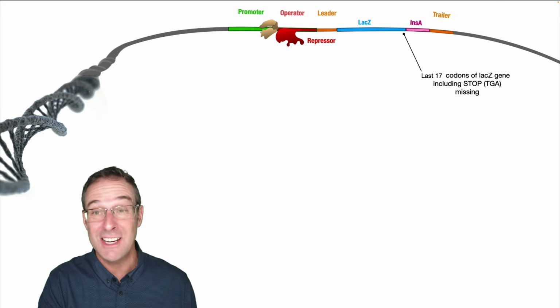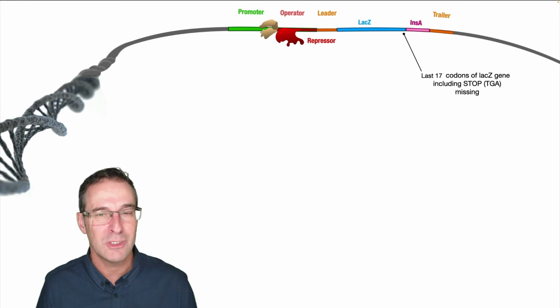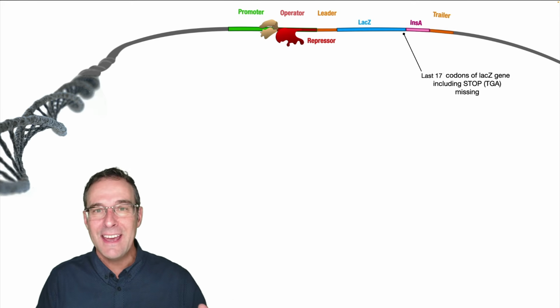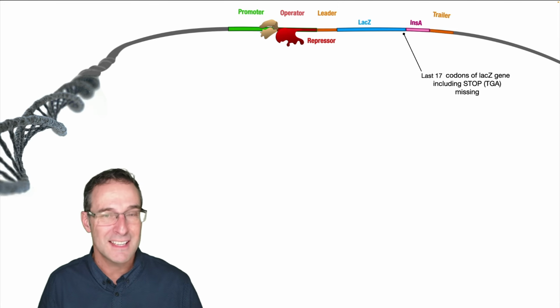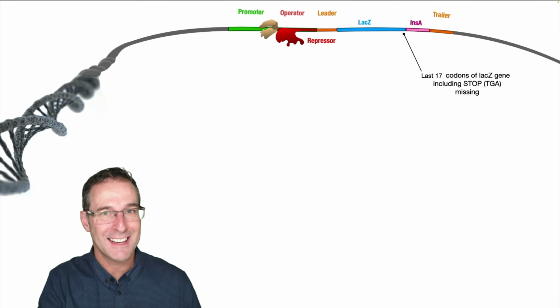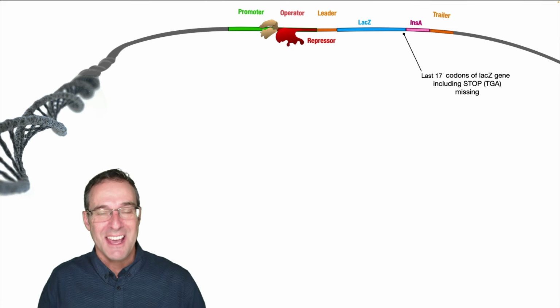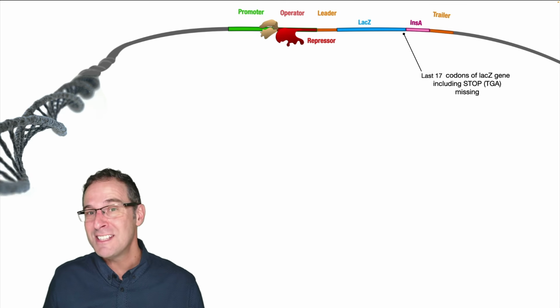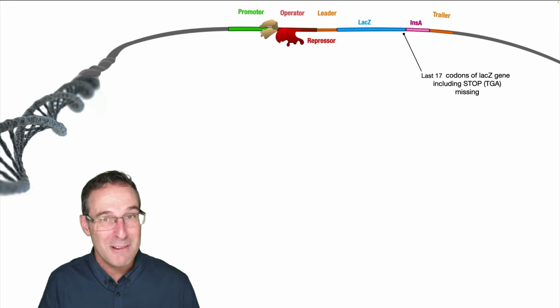The LAC-Z gene is the first of the genes in the LAC operon, naturally. And it's prevented from working by this repressor stuck on the operator. One of the reasons why we want the LAC-Z gene as a fusion protein with insulin A is because it gives us the ability to turn the gene on and turn the gene off at will very easily.